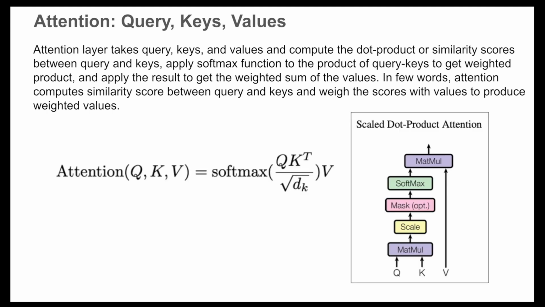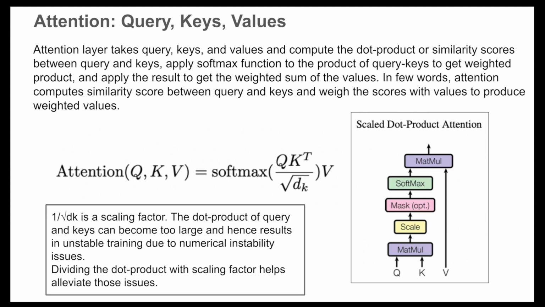So attention, this is how it's represented mathematically and graphically. You are multiplying query and key. It's a matrix multiplication. You are scaling them with the square root of dk.